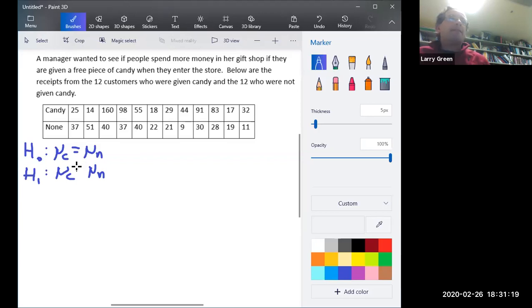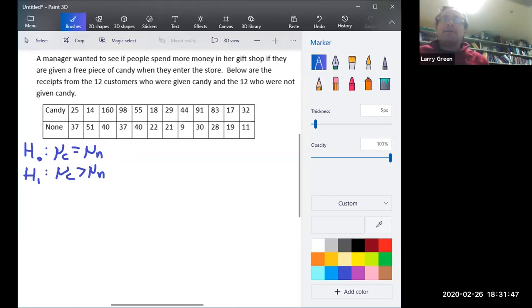You say less than, but let's look at it again. It says, do they spend more money if they're given candy? So candy's on the left. We want to find out if candy is more than not candy. Does that make sense, Mike? So you got to be very careful about these inequalities. Yes, this is a greater than, not a less than.